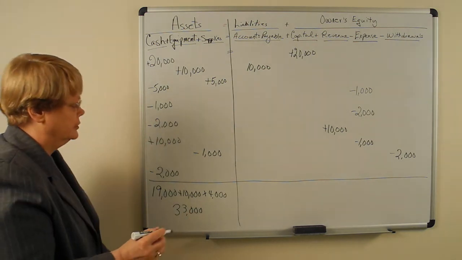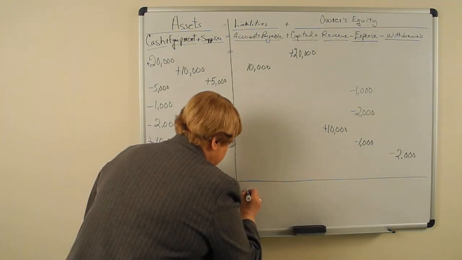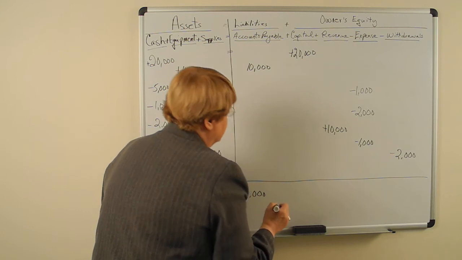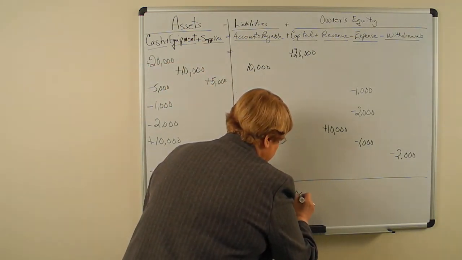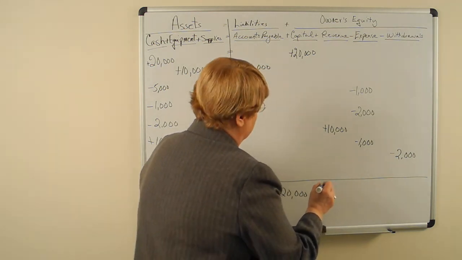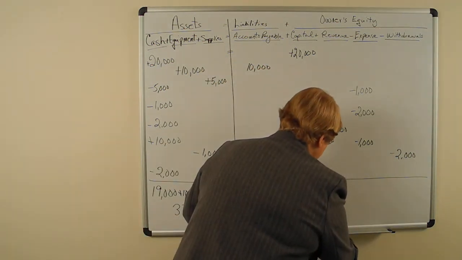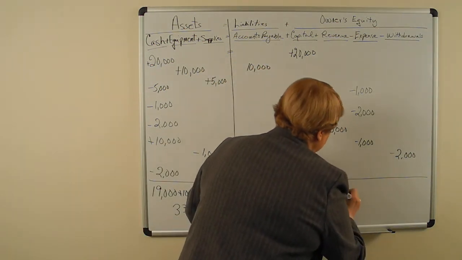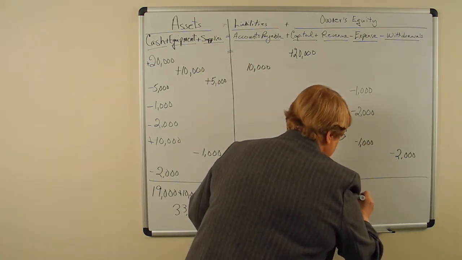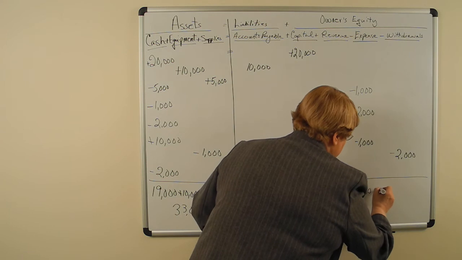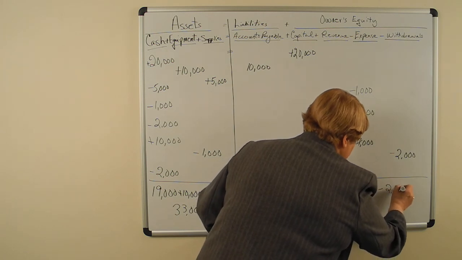Okay, what do we have on the other side? We have $10,000 in liabilities plus $20,000 in capital plus $10,000 in revenue minus $4,000 in expenses and minus $2,000 in withdrawals.